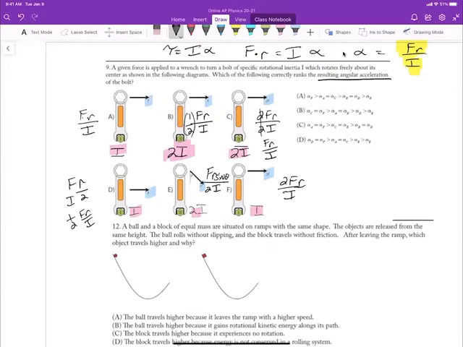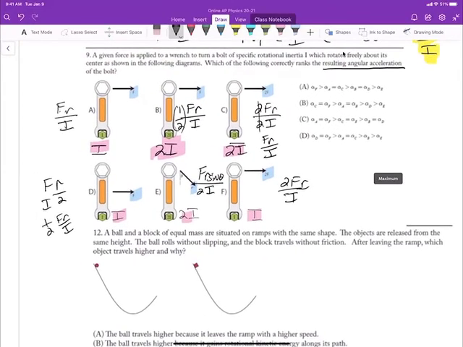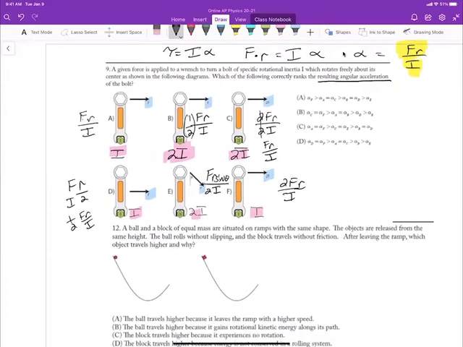So which one ranks the resulting acceleration? I'm assuming we're going from greatest to smallest. So the greatest is F, and it will be the greatest. And then the next ones, well, F had 2.